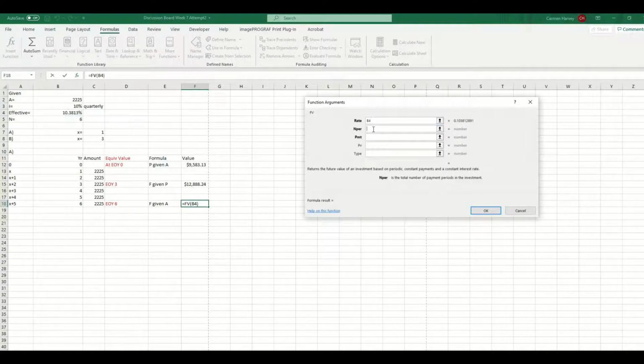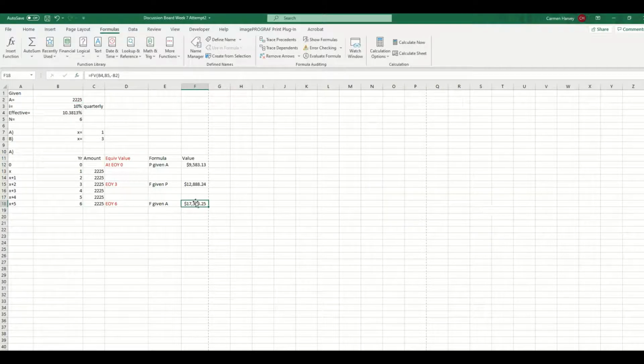And we're taking the whole thing for N, so that's going to be 6. And we're taking A, since we know A, we can use this one. Okay, so that is part 1 for A.